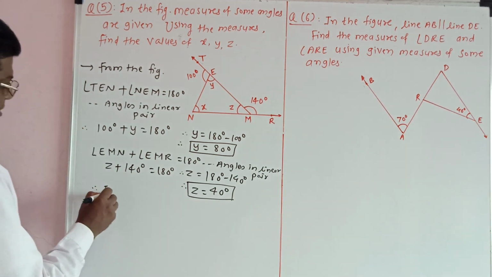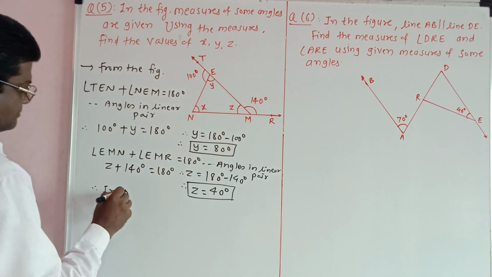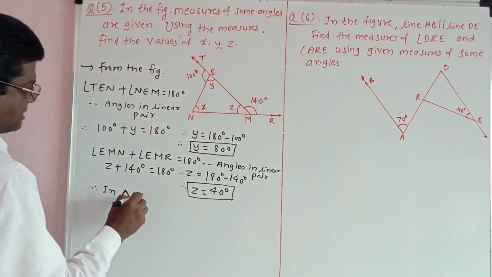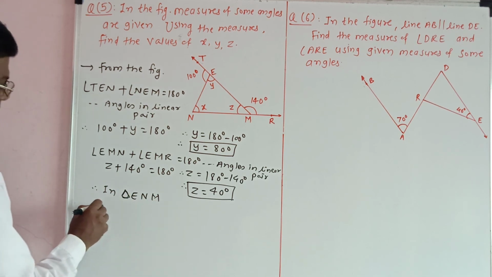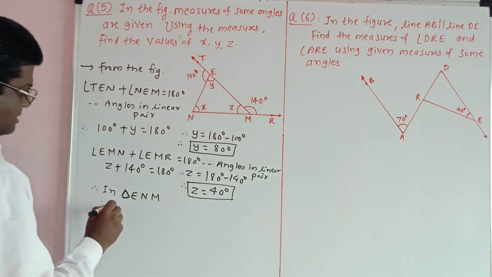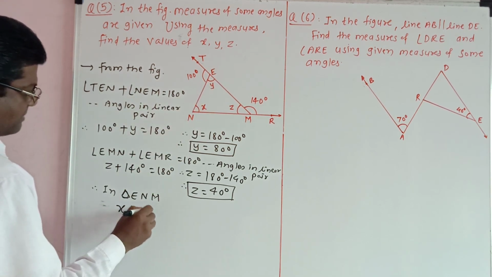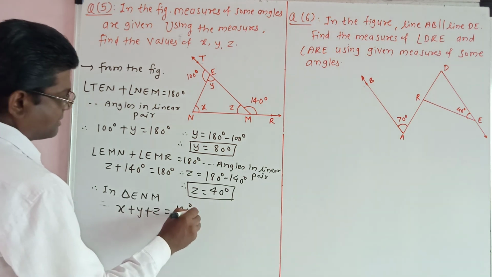Now, in triangle ENM, x plus y plus z is equal to 180 degree.